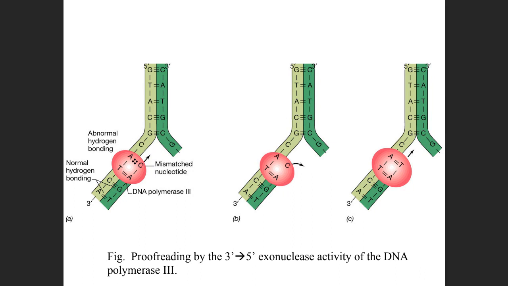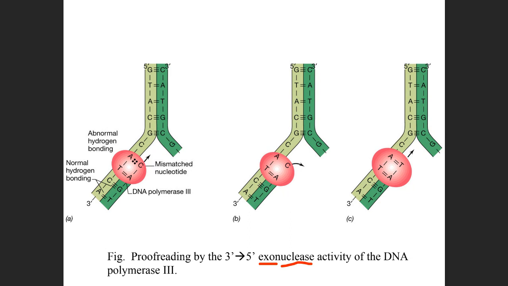Okay, so now DNA polymerase 3 had a mismatch, A and C, and put in the wrong base. It already formed this bond, but it also has an exonuclease activity.